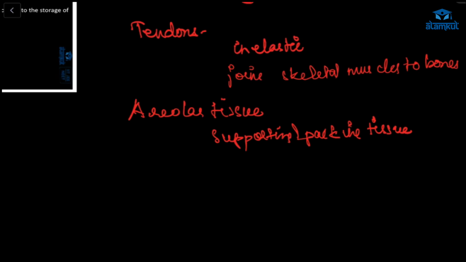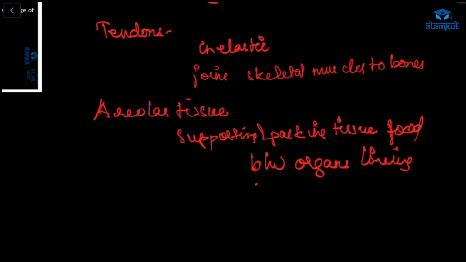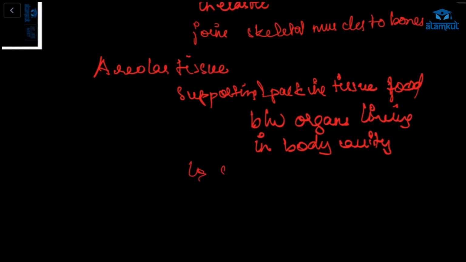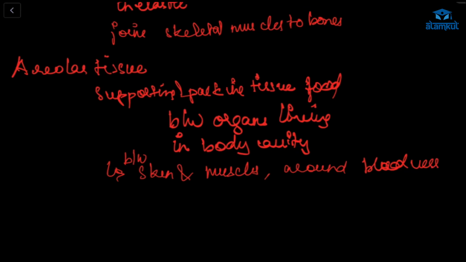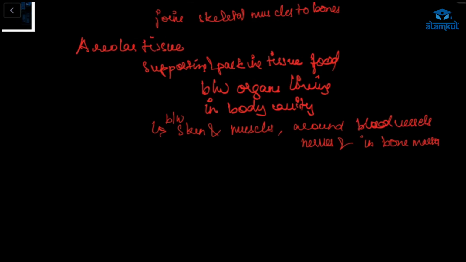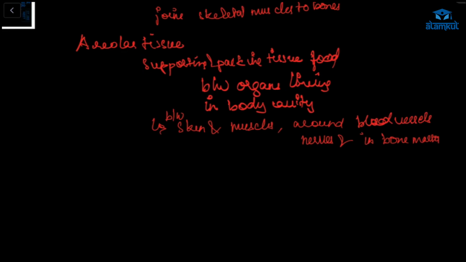These areolar tissues are found between organs lying in the body cavity, for example between skin and muscle, around blood vessels, nerves, and also in bone marrow. Inside the bone, we have bone marrow, and that is made up of areolar tissue.